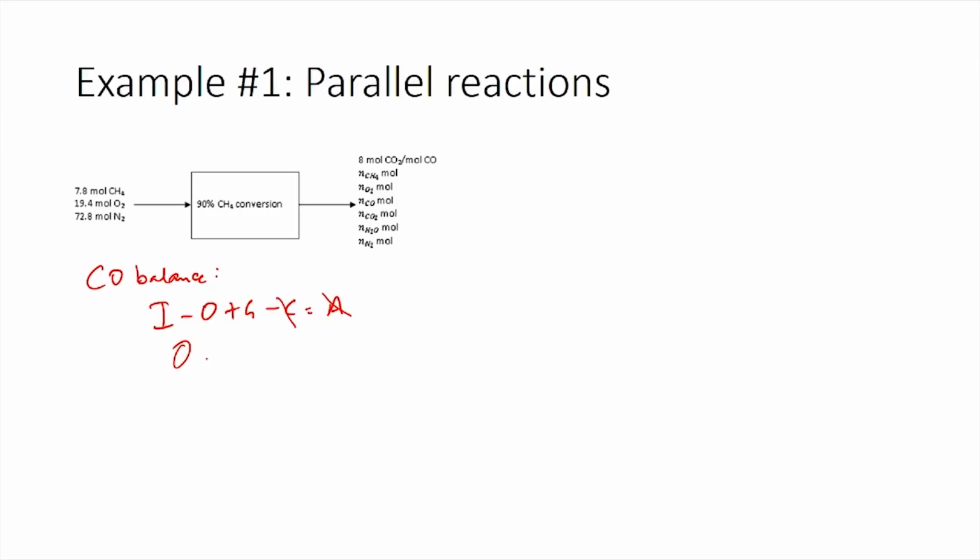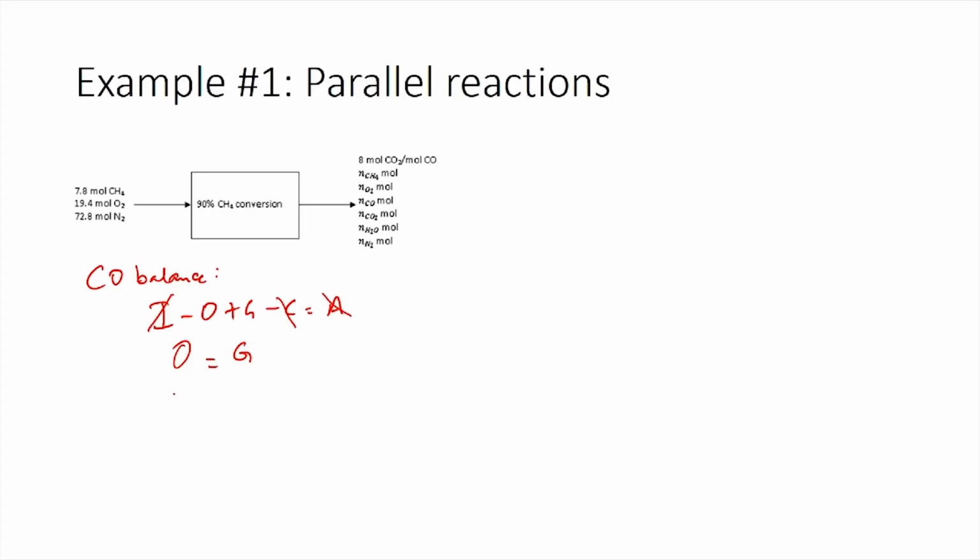So your output term becomes input plus generation. As carbon monoxide is not entering the system either, output is actually equal to only generation. To calculate generation of carbon monoxide, we need to know how much of methane is entering into the first reaction and how much of methane is actually entering into the second reaction.